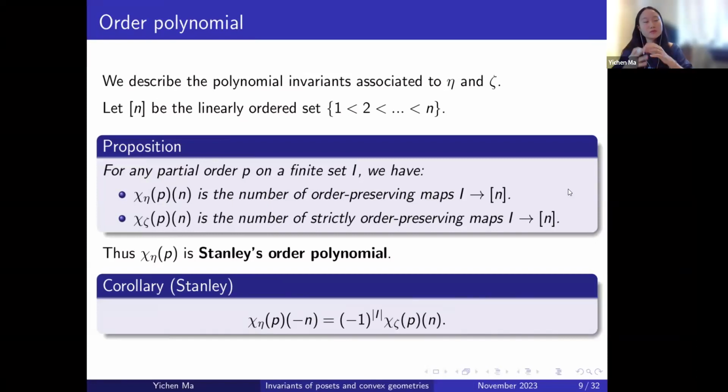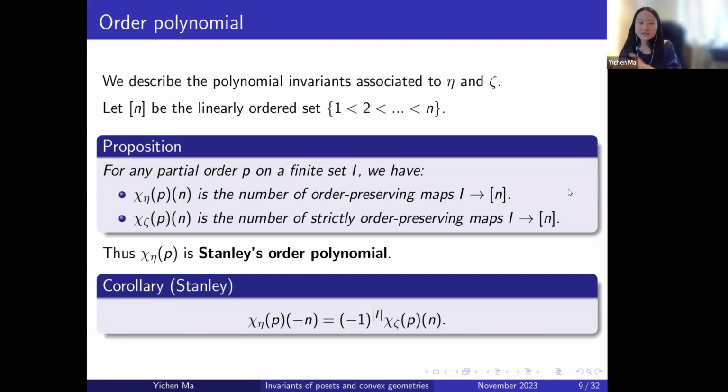Okay, so with the notion of eta and zeta, we're able to reintroduce the order polynomial. So first, we let the single bracket n be the linearly ordered set of all elements from 1 to n.